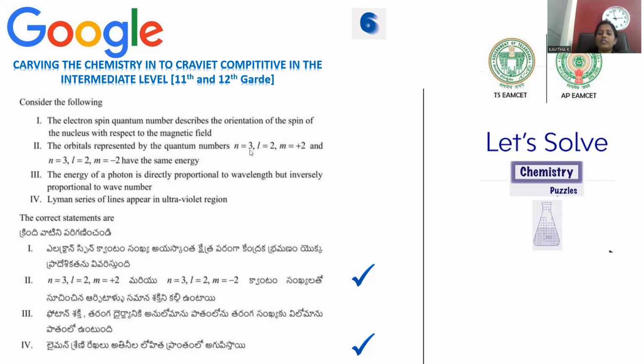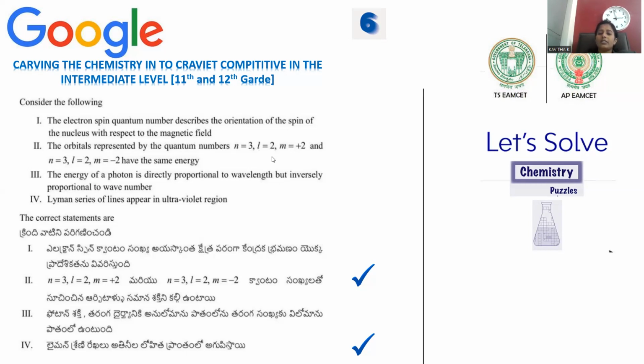Okay. So this is the third level shell. In the third level shell we have l equal to 2. l equal to 2 means what? l equal to 0 is called s orbital, 1 is called p orbital, 2 is called d orbital. So l equal to 2 means d orbital.